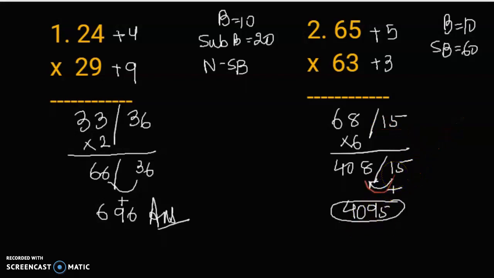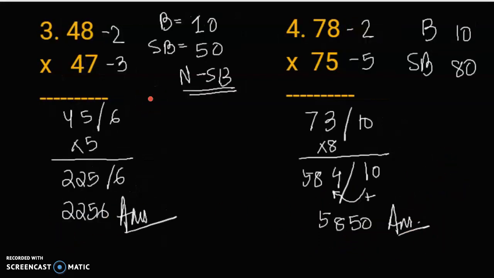Now you add 8 and 1 here, the reason being you cannot have more than one digit on the right hand side. So 8 and 1 gives you 9. The answer becomes 4095, and that is our answer.